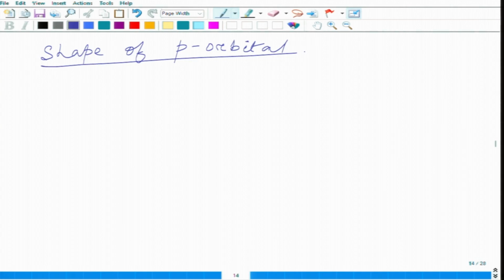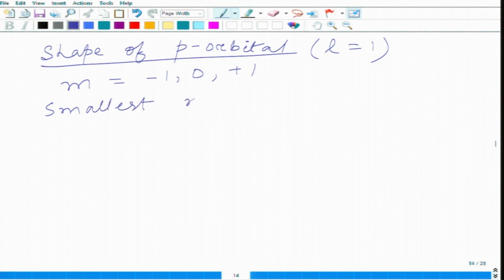Shape of the p orbital. For the p orbital, L is equal to 1. So, m will be -1, 0 and +1, and the smallest n possible is 2.